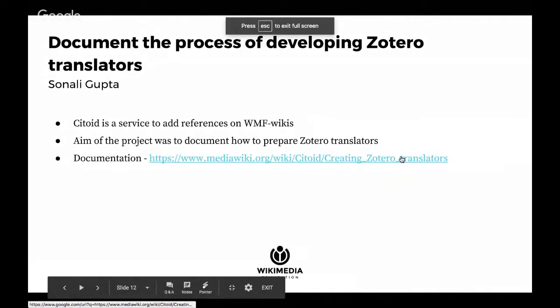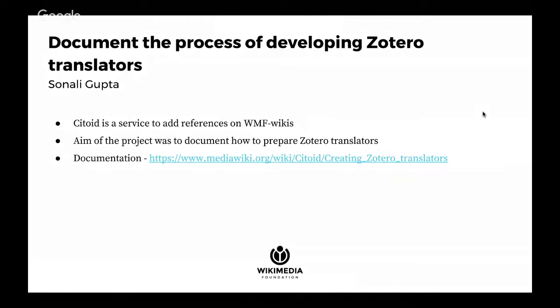We have a service called Citoid that allows users to add citations to Wikipedias, and it has made it very easy for people to add citations through URLs and DOIs. It's pretty easy because of the UI.